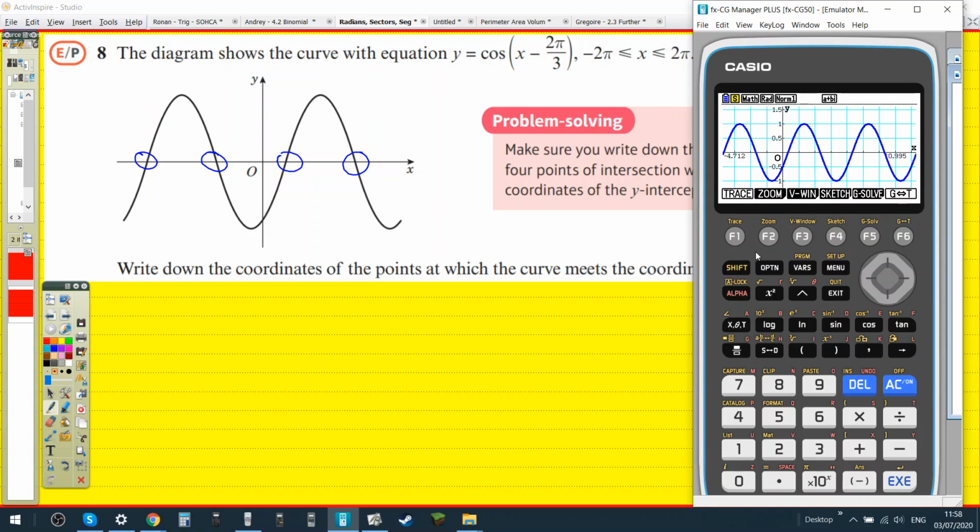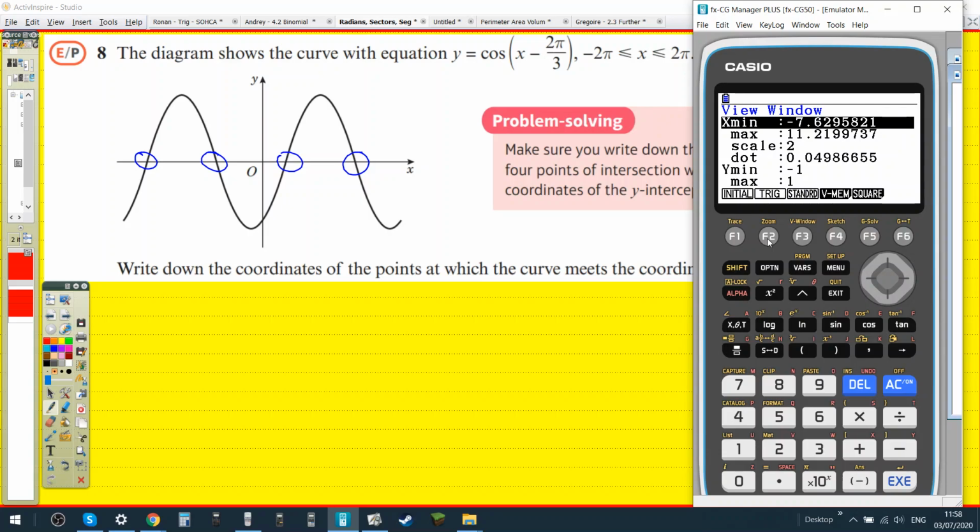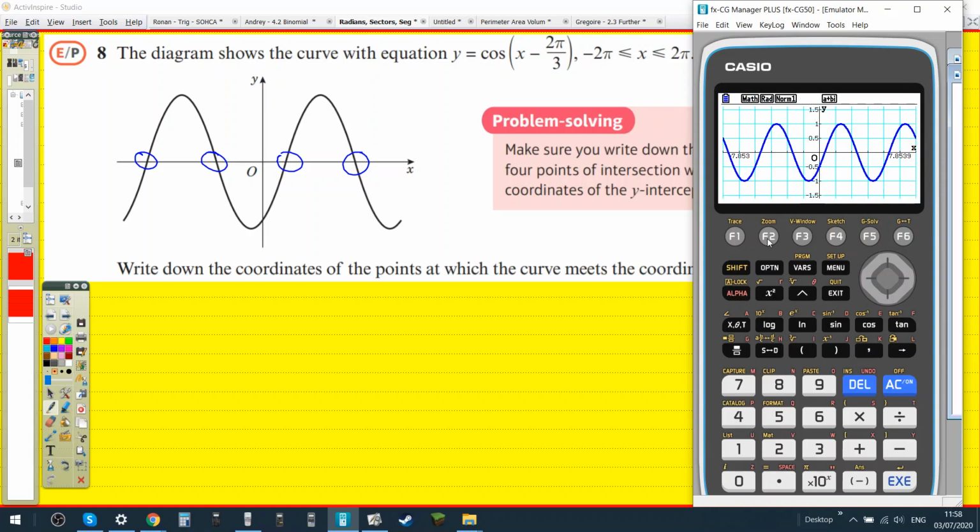Try shift zoom auto. That's what I mean. So no. Try shift view window trig. Window trig. Yeah. That work? No, it's just some sort of weird dots on the calculator. I'm not exactly sure.